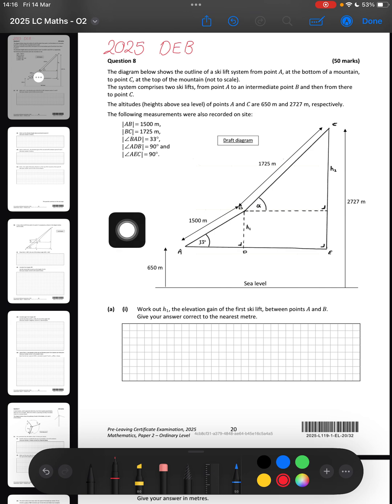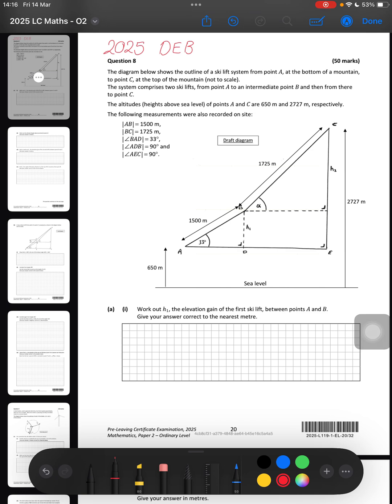So from A to B, that's there, 1,500 metres. From B to C, 1,725 metres. The angle from B to A to D is 33. From A to D to B is 90 degrees, and then from A to E to C is also 90 degrees. Okay, so they have it all filled in there.